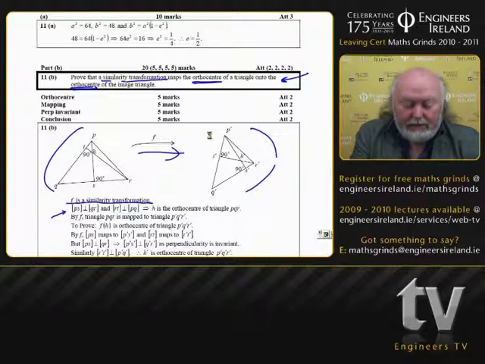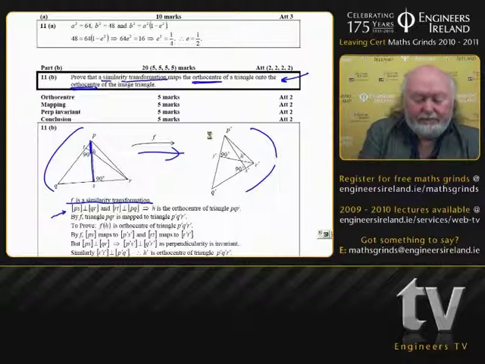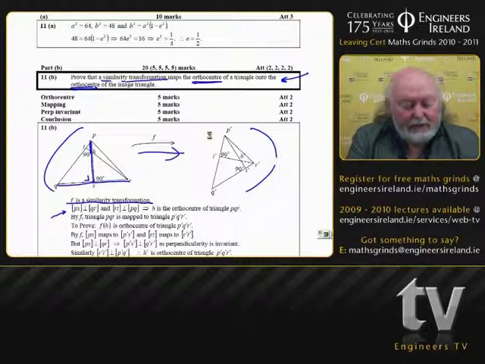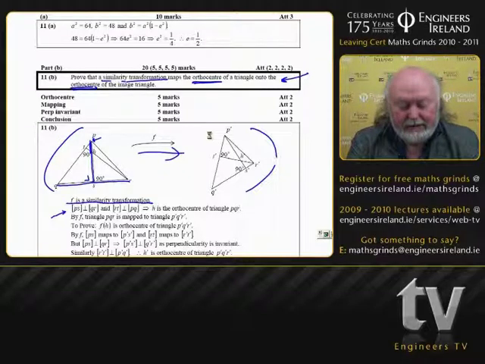PS, okay, this line here, it's perpendicular to QR. This is how we find the orthocenter here. Now obviously there's an infinity of lines that are perpendicular to QR, but there's only one that actually touches the third vertex of the triangle.